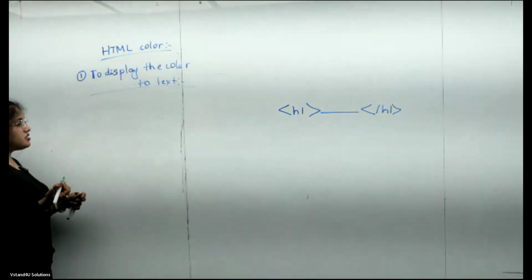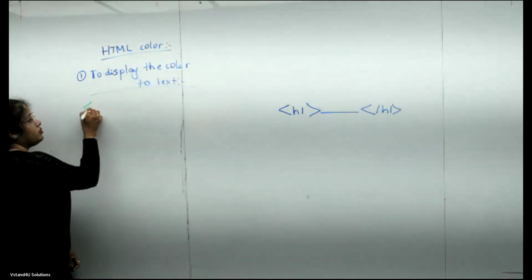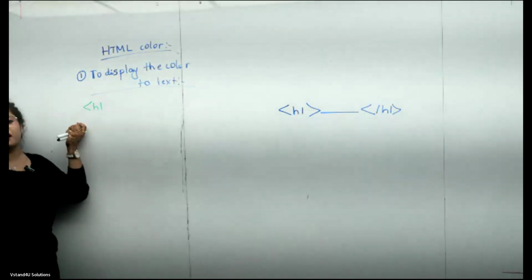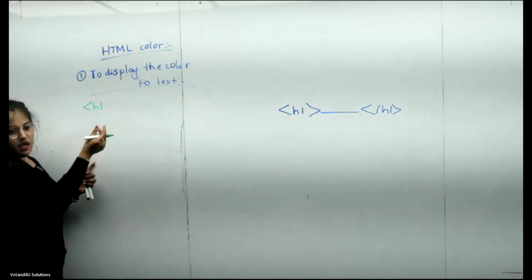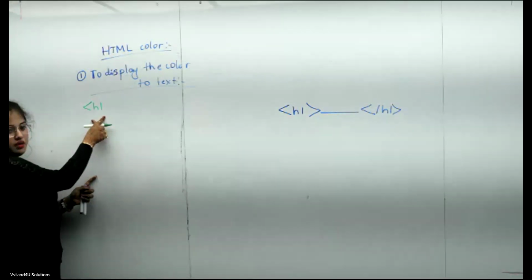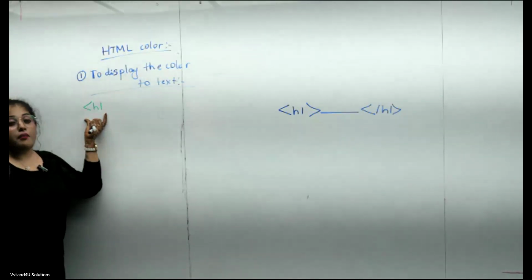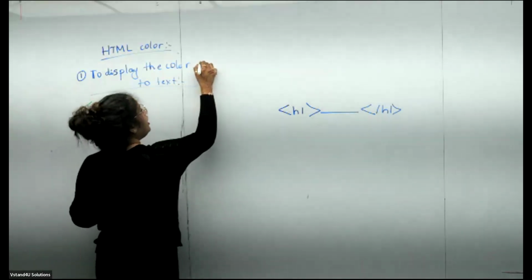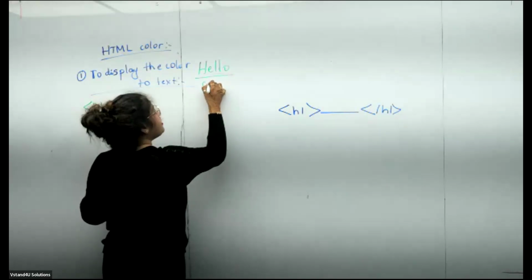The syntax is, suppose I consider the h1 tag today, you can take any tag. But for now, since I have already done the heading tag, I am considering the h1 tag. Okay. So now I have the h1 tag here, and my requirement is I have something called hello.